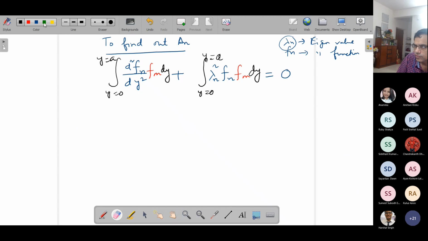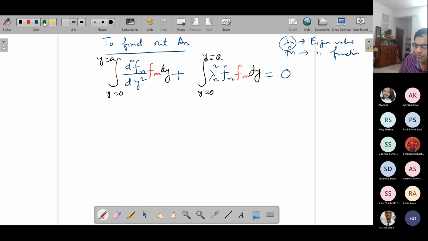We will integrate this by parts. When we do integration by parts, we have to consider something as the first function and something as the second function. The rule of integration by parts is first function into integral of the second.